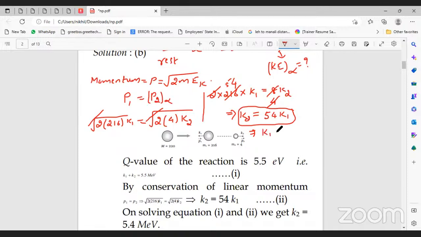What is the total kinetic energy they have given? K1 plus K2, that is the Q value they have given. It is 5.5 mega electron volt, right? K1 plus K2 is 5.5 mega electron volt. So what is K1 from this? You can simplify this.